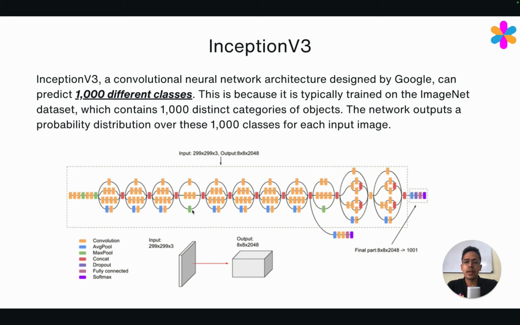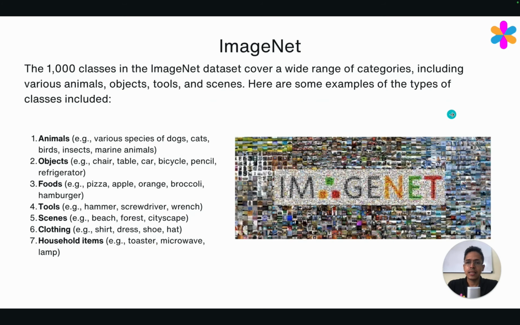So this is the rough structure of Inception V3, but the details of this architecture are not really relevant for the lecture today, because we just want to show the approach of how to implement LIME for images and what we can interpret from the LIME explainer. So this is ImageNet. In the particular case that we are looking at, there are 1,000 classes to which images belong, and these are some of the example classes.